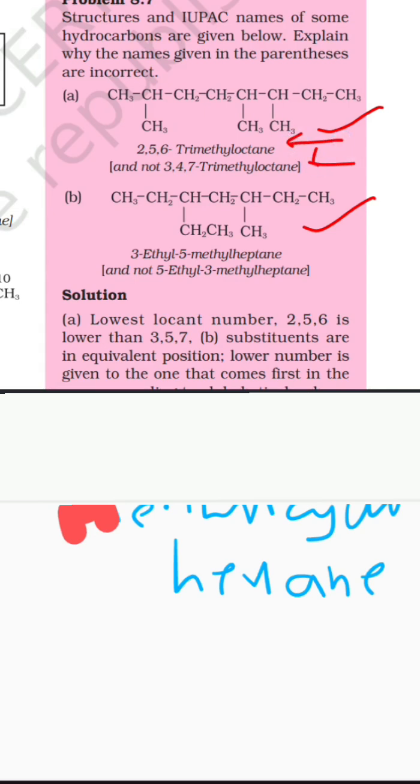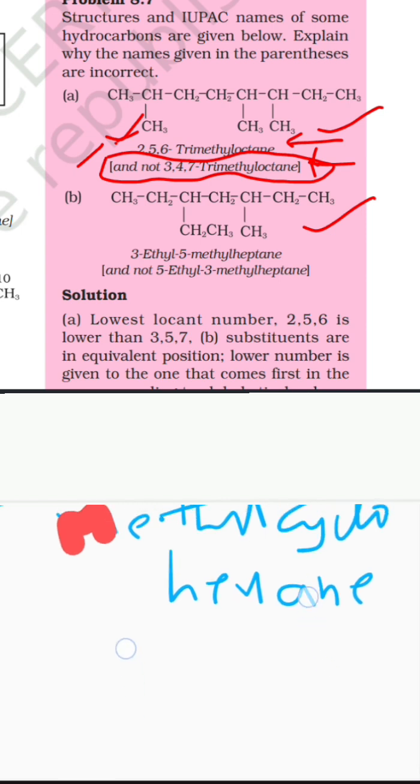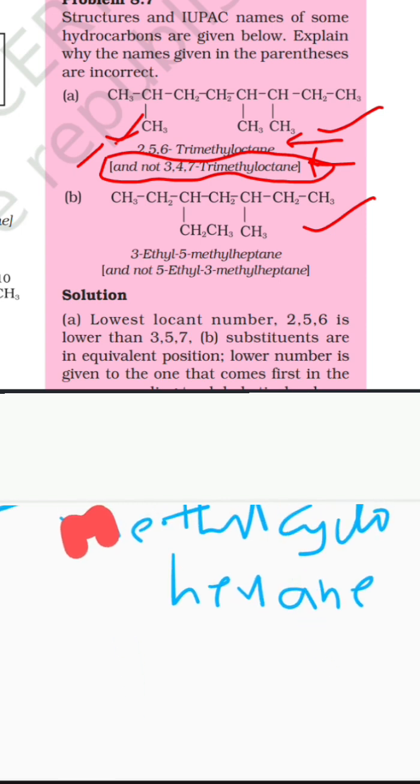So one name is in bracket, another name is without bracket. Okay, explain why the names given in the parentheses are incorrect. That means the structure in the bracket, this name is incorrect, but this name is correct. The above name is correct, the below name is not correct. So that is how he is telling.